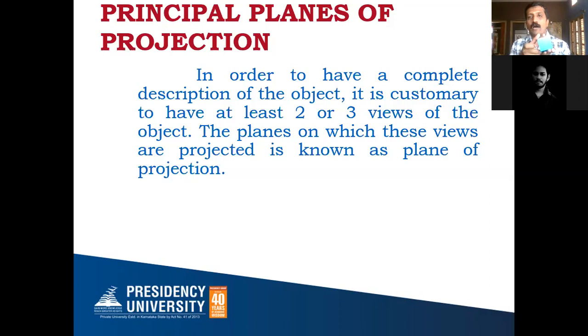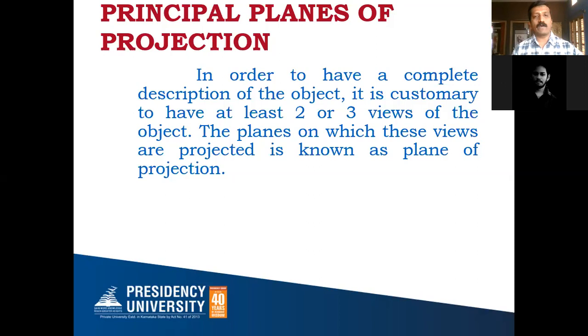If you see from the top, it looks like a square. So with this front view and top view only I am able to describe or define the shape and size of this square prism. In some cases, for complicated shapes where I have some details, some holes or some extension on either the left side or right side, in such cases I need to go for the side view also.